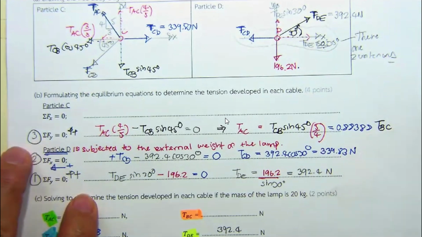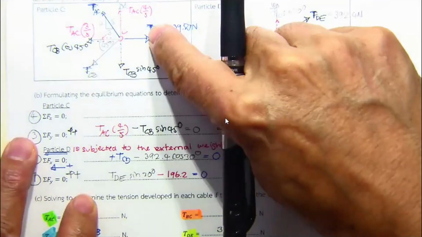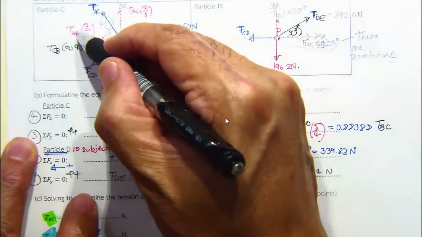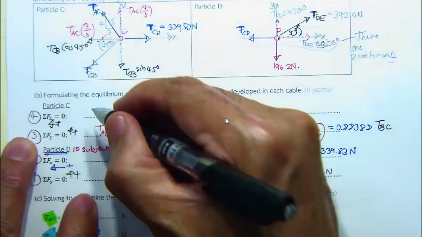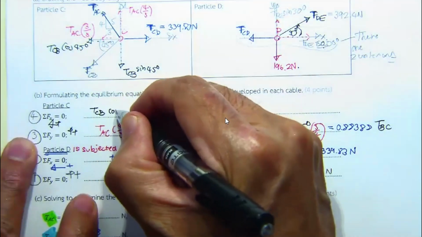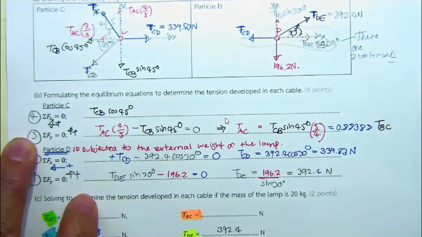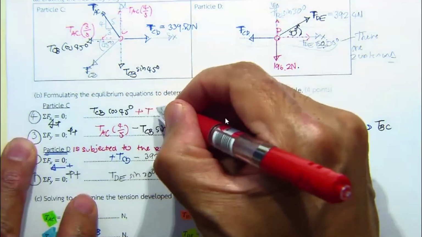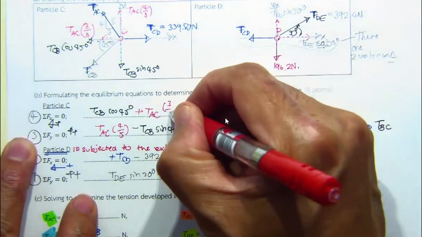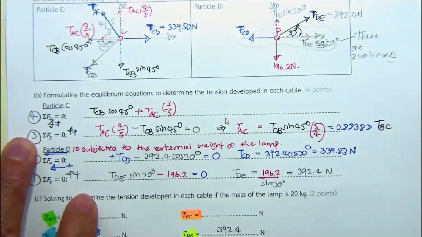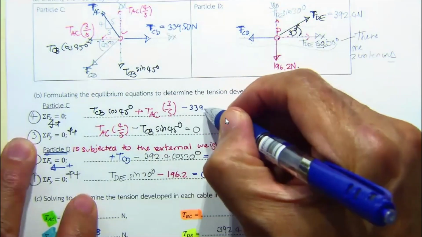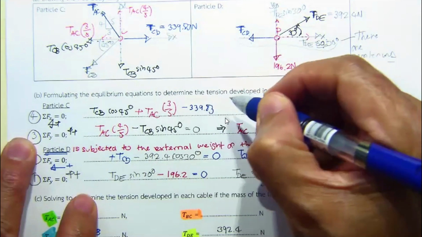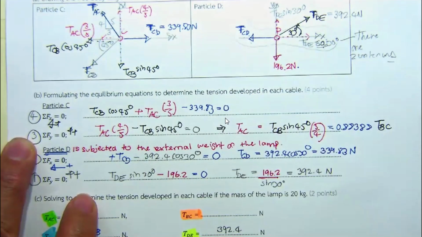Then going to the first step, we do the summation of forces in x equal to 0. Put the direction of the unknown to be positive. You have T sub CB cosine 45 degrees, plus T sub AC times 3 over 5, minus 339.83, and then put it to be 0.